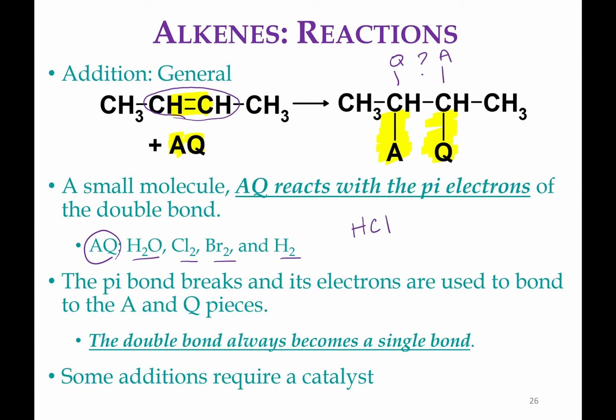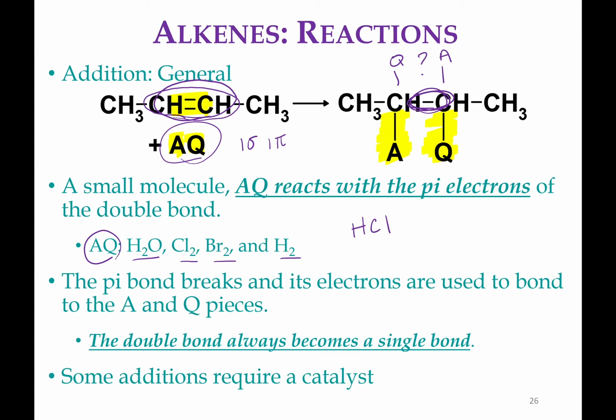The pi bond in this bond here, remember we have one sigma and one pi bond. The pi bond is going to break and its electrons are going to be used to bond to the pieces of AQ. The double bond always becomes a single bond.